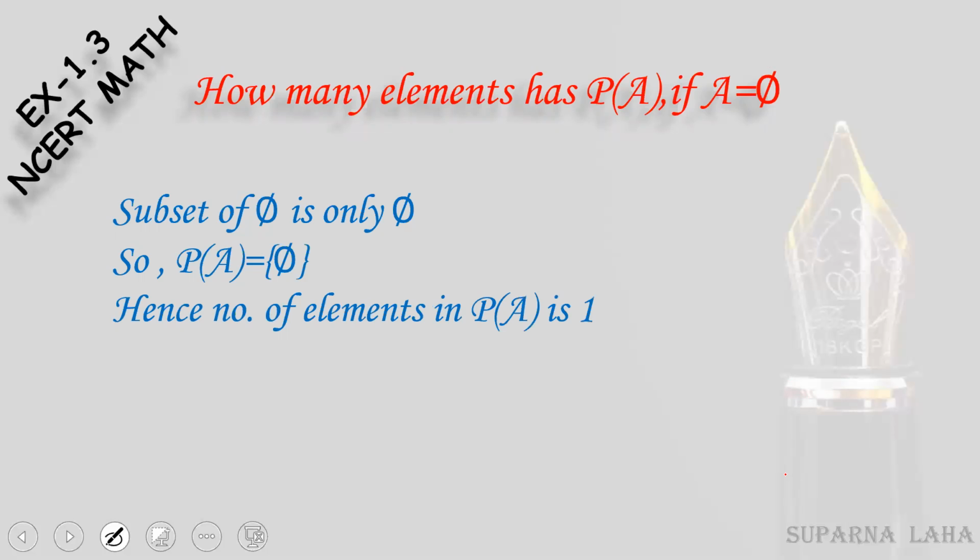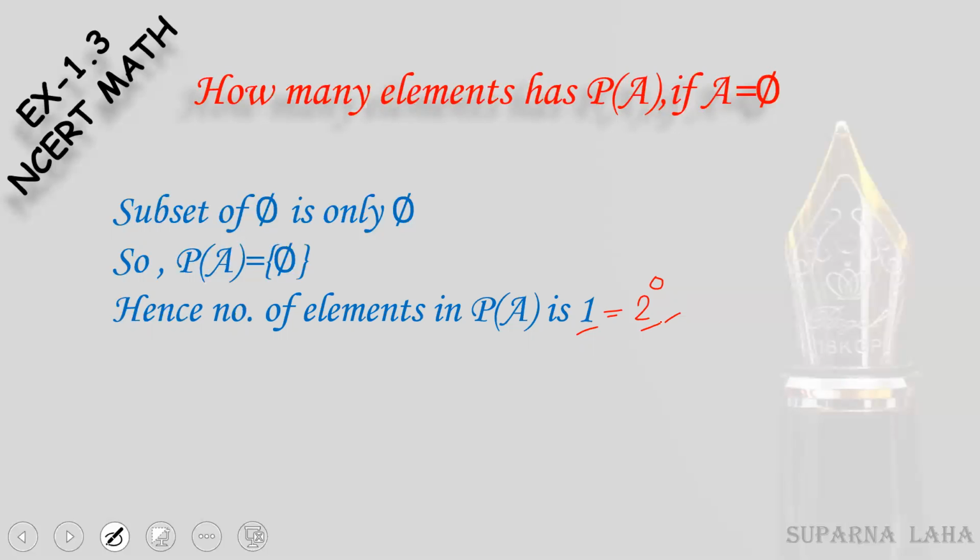Now look at that. I can write this one as 2 to the power 0, since there is no element. So we can write 1 as 2 to the power 0. So for no element, the number of subsets, or the number of elements in the power set, is 2 to the power 0.